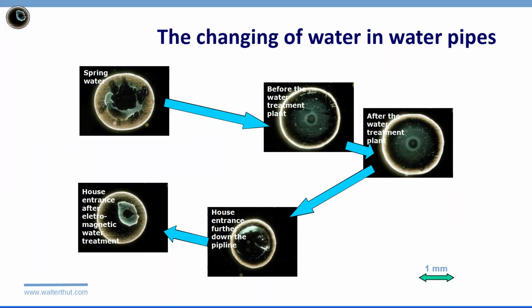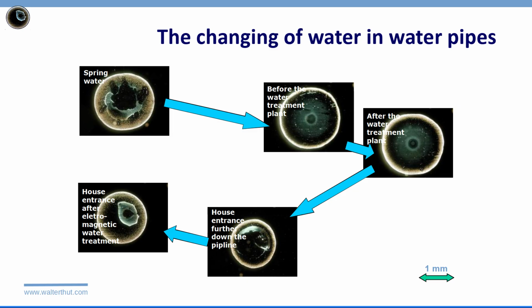We look at where these images came from. You saw in the movie. Here you see a series of images where we did a comparison of the water during its way through a piping system over several kilometers.